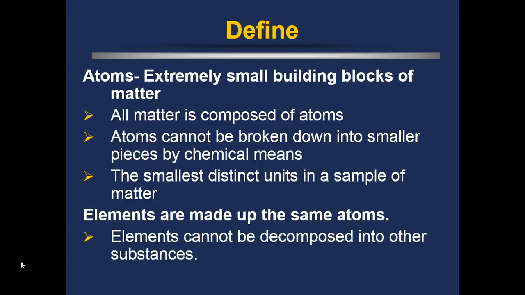Elements cannot be decomposed into other substances. So if you take an element like oxygen, or lead, or tin, or helium, or nitrogen, or anything on our periodic table, if we break apart the individual atoms in that element, it does not turn into something else.